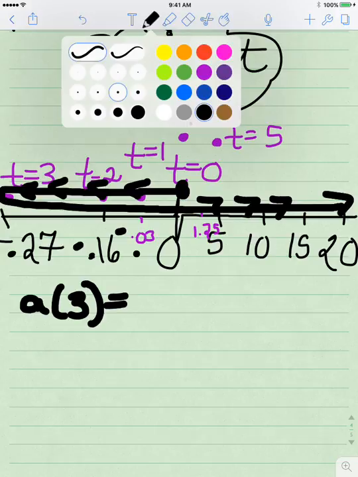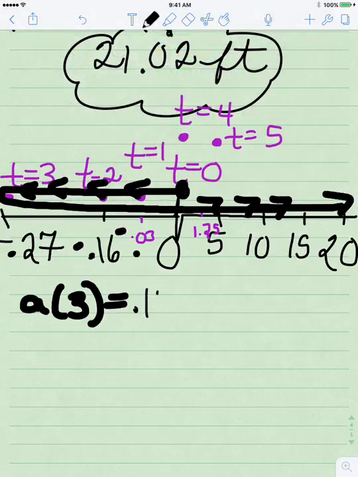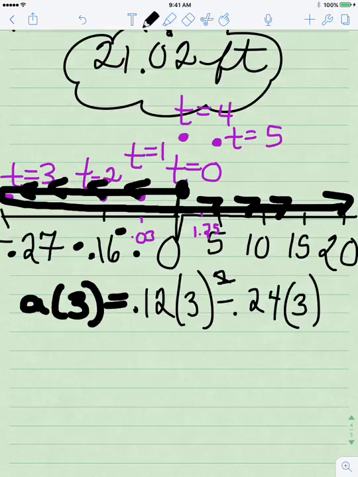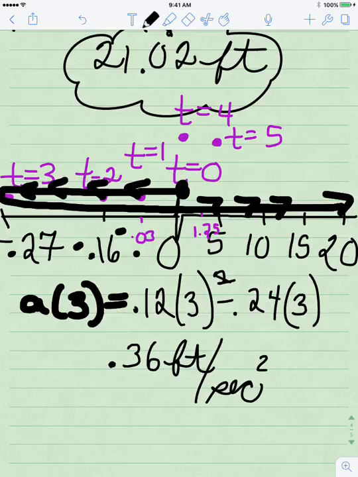A of 3 is going to be 0.12 times 3 squared minus 0.24 times 3. And that equals 0.36 feet per second squared. So positive. 0.36 feet per second squared. So that's the acceleration.